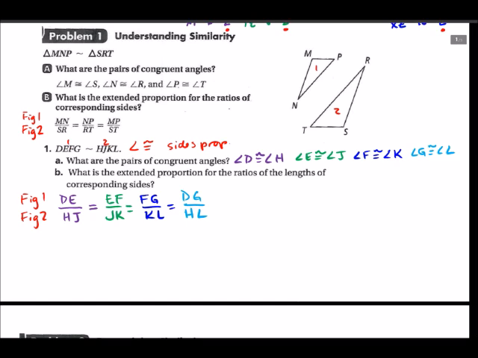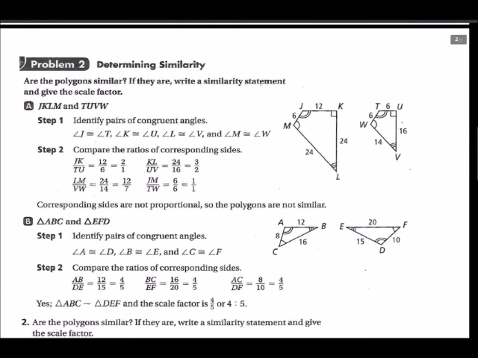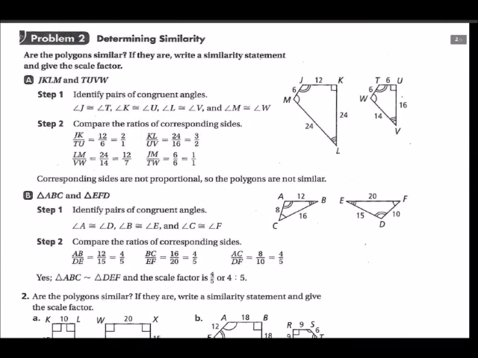So this is very much like our congruent figures. It's just our sides are not congruent, our sides are proportional. And they are proportional by a given scale factor, a ratio. Now, we can use this to go the other direction. Are the figures similar? So, are our polygons similar?